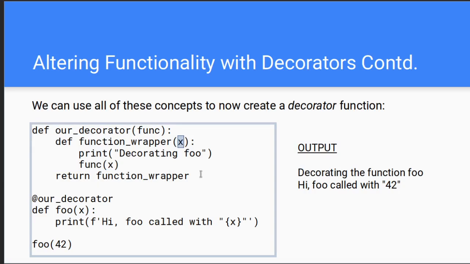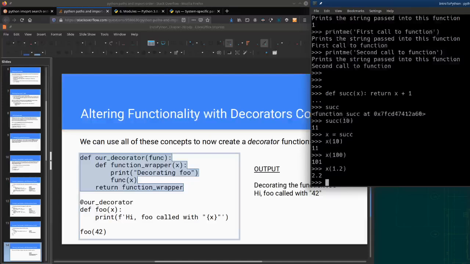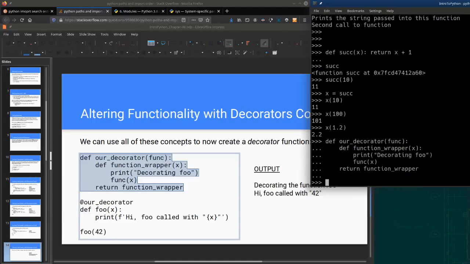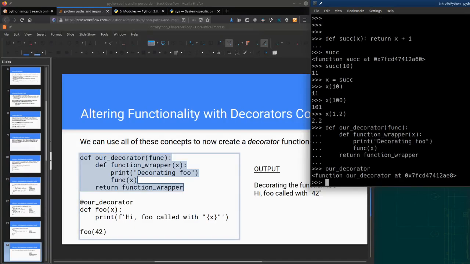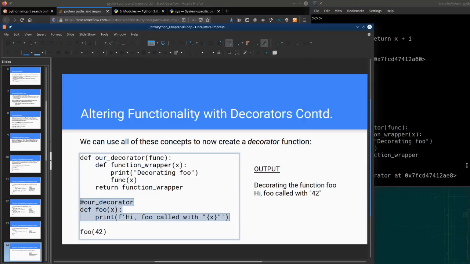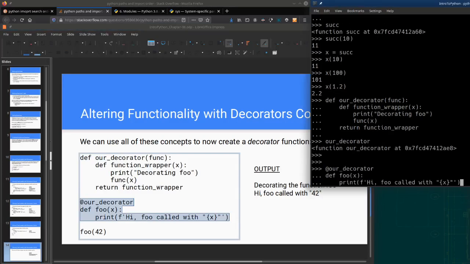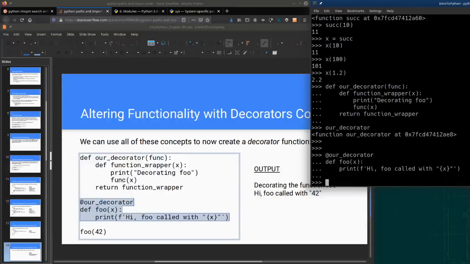So let's try it. All right, let's see what we get. Our decorator is a function. Now let's define foo, and we define it as decorated.